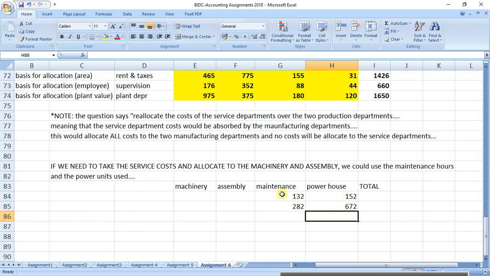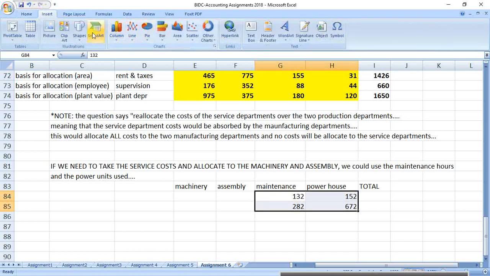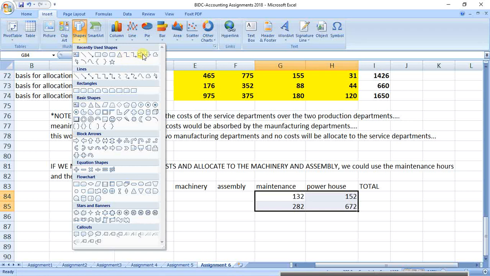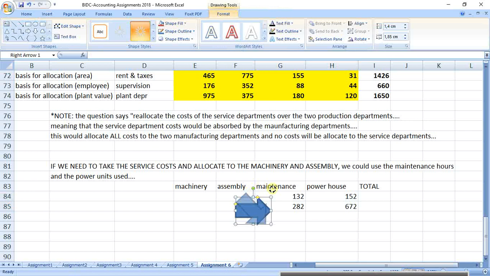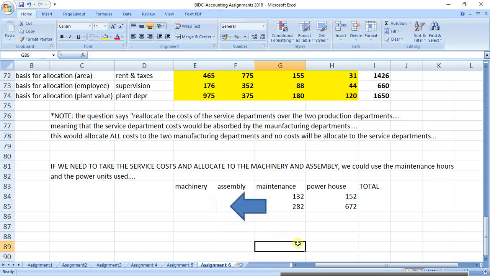They say reallocate, and then they want us to put this here. To what? To assembly and machinery. That's what they're saying in the question.